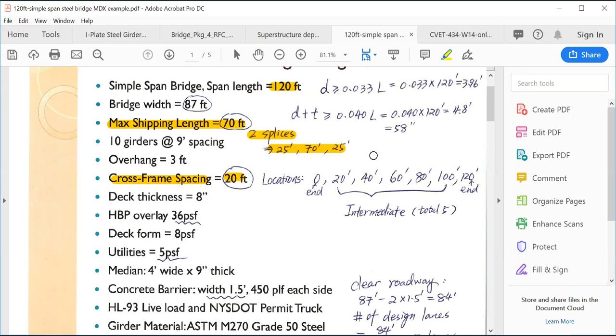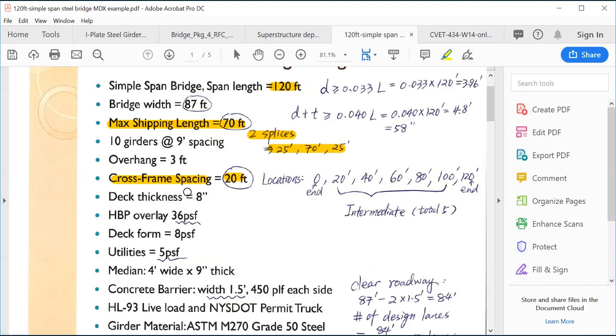Then the remaining 5, from 20 to 100, are called intermediate cross frame. So total intermediate cross frame is 5, at locations 20, 40, 60, 80, and 100.